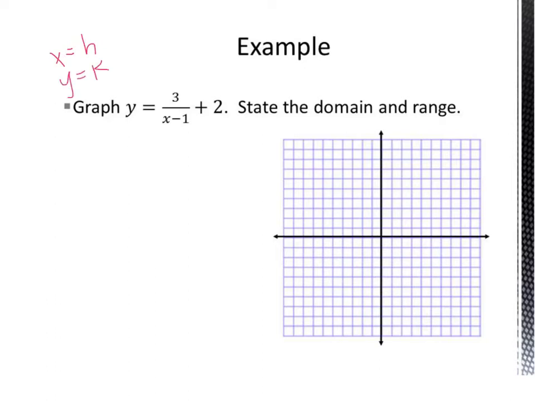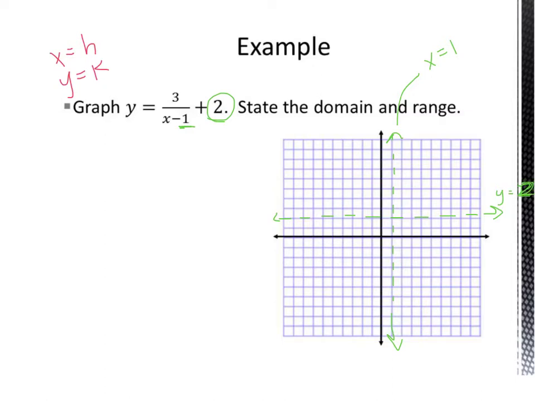Or you can just remember that this right here moves you right 1. So my asymptote moves right 1. There's my vertical asymptote, at x equals 1. And then your horizontal asymptote gets moved up 2. So here's my horizontal asymptote, and that happens to be y equals 2.